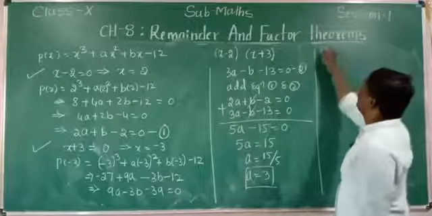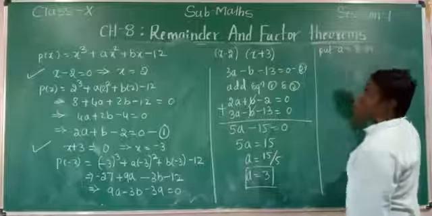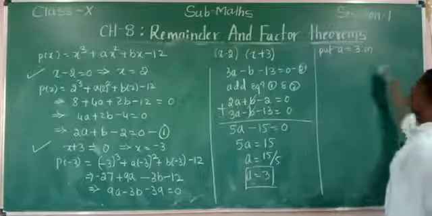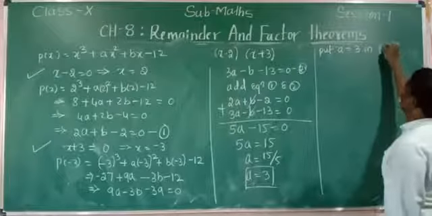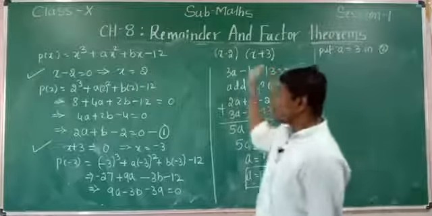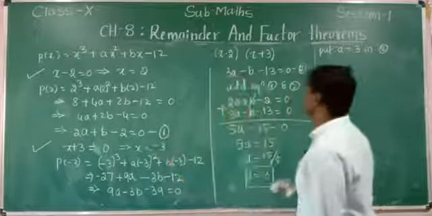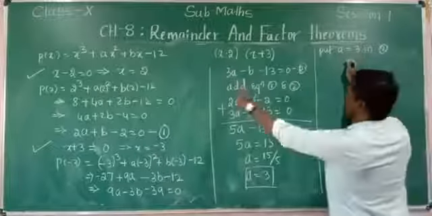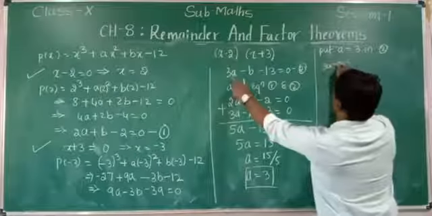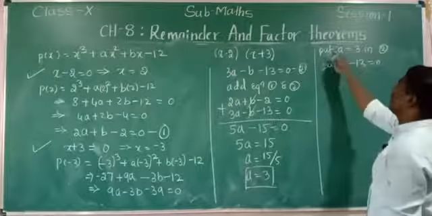Okay. So put a is equal to 3 in equation 2. Either you can substitute the a value in equation 1 or 2, you will get the same answer. So I am substituting the a value in equation 2. What is equation 2? 3a minus b minus 13, which is equal to 0, and the a value is 3.